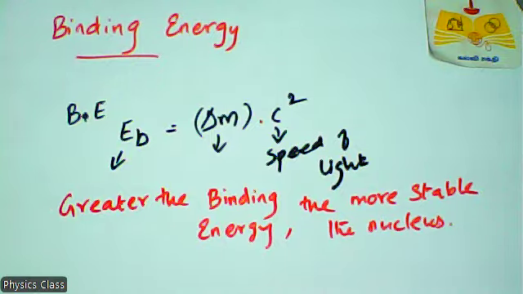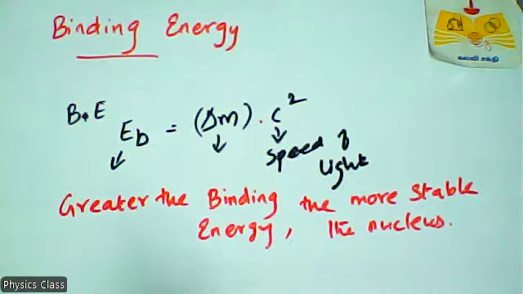So again, I'm repeating that concept. Mass defect, already you know that. So Einstein provided the important famous equation, E equals mc squared. According to that relation, the mass can be converted to energy, and the energy can be converted into mass also. So the reverse case is also true.